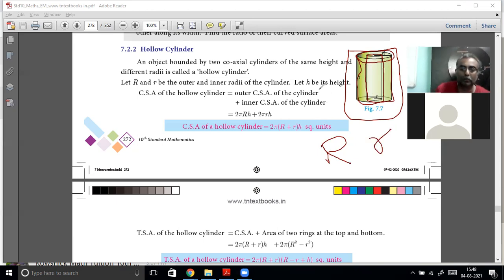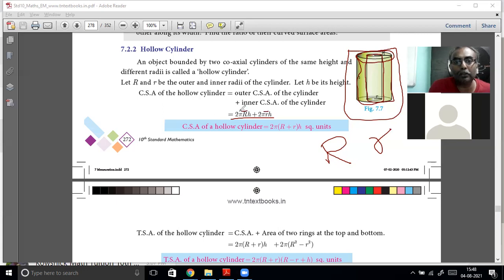Remember when we wash a vessel. You're taking a flask and washing it. First you wash the outside, then you put your hand inside and wash the inside. So you have two curved surface areas. One is 2 pi RH with big R, the other is 2 pi rh with small r.